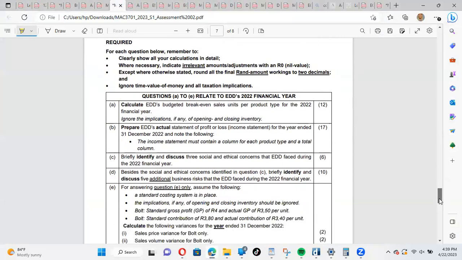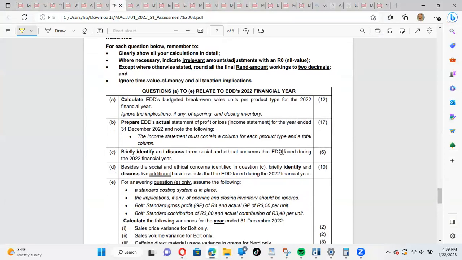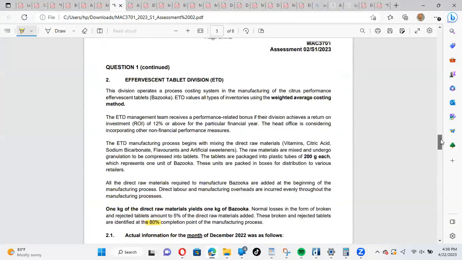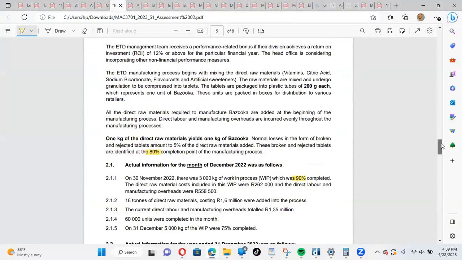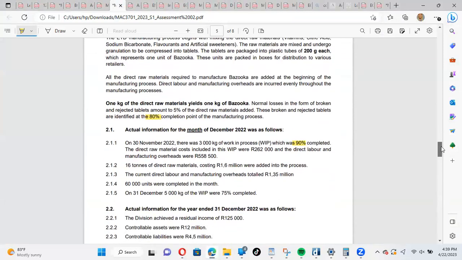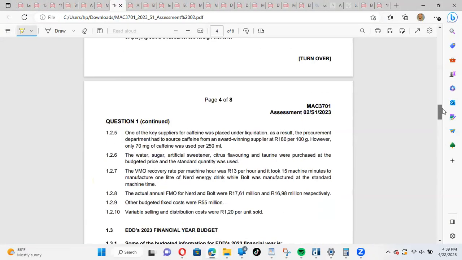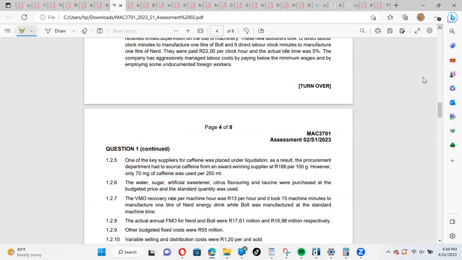All right, so we are checking ethical and social. So we've decided to start with the ethical. On that 2022 financial year, let's go and check the information. Probably it's here, 1.2.2.